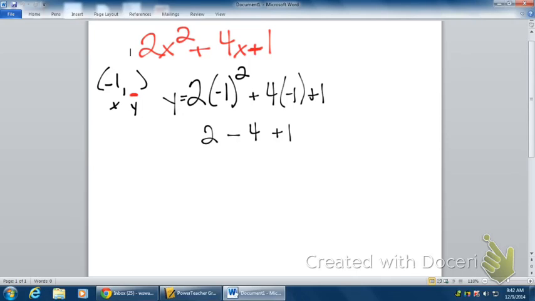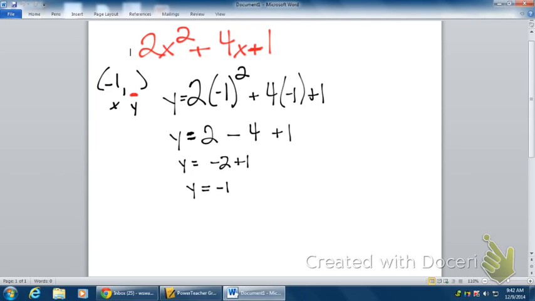Are we solving for y right now? Yes. So when you do 2 minus 4, you're going to get a negative 2. Plus 1, y equals negative 2 plus 1, which gives me negative 1.